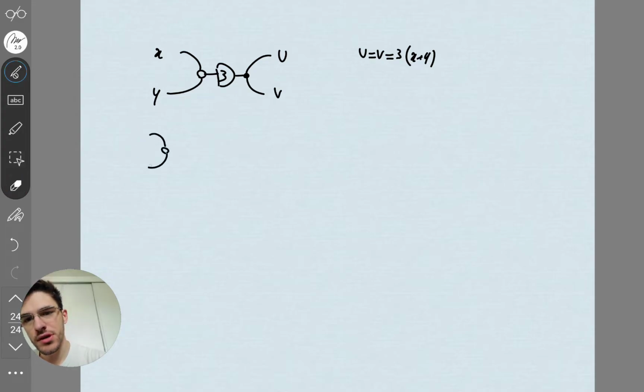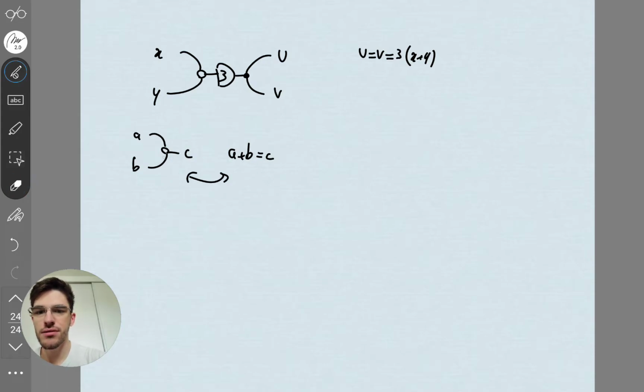So we've got plus, this means a plus b equals c. And I only use letters to explain the drawing in terms of the normal equations. But as you can imagine, I could choose any label, any letter, and it would still be valid.